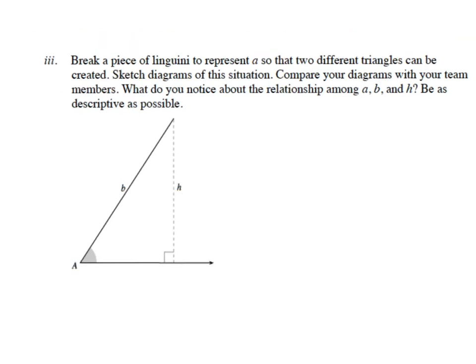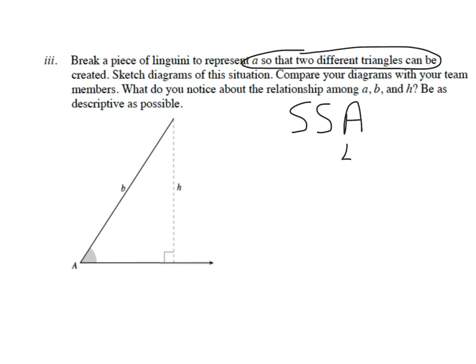Now here's where things get interesting. We want to find an A so that two triangles are created. So again, we have this side-angle situation that we're exploring. This is angle A. This is side B. And we need to create A. Go with a different color here.